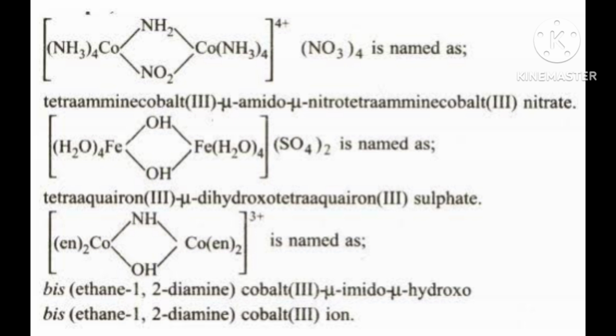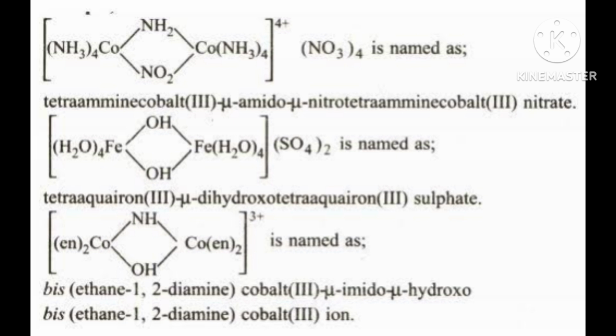A small dash and O you write at the end of the ligand name. Names of anionic ligands end in O, dash and O.